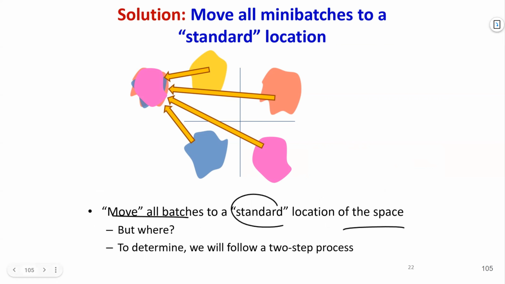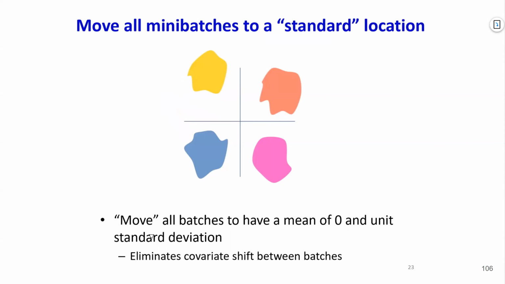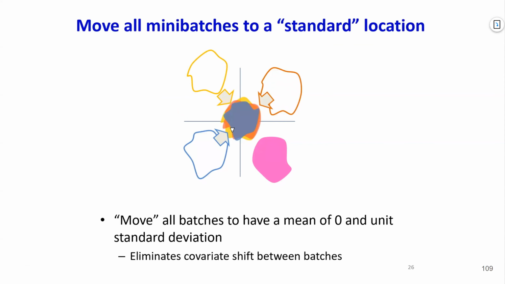But where? To determine where to push our data, we'll follow a two-step process. The first step is to move all the batches to have a mean of 0 and unit standard deviation, and this process eliminates covariate shifts between batches. So move this batch to the center point, this batch to the center point, again and again.